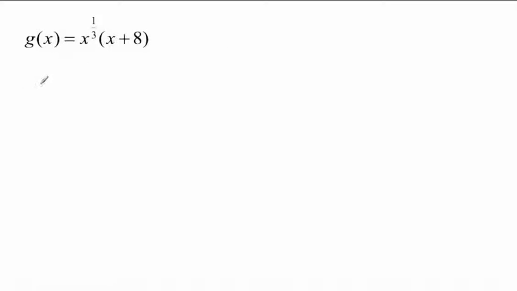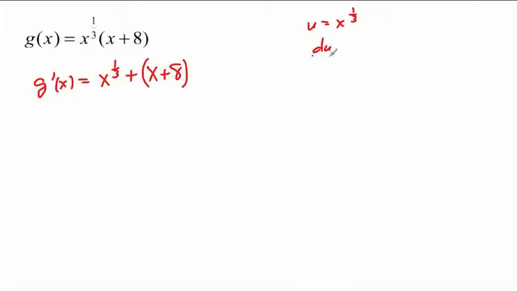So first of all, I need to find the derivative. So g prime of x equals this times the derivative of this plus this times the derivative of this. Now if u is x to the 1/3, the derivative of this is going to be 1/3 x to the negative 2/3, or in other words, 1 over 3x to the 2/3.